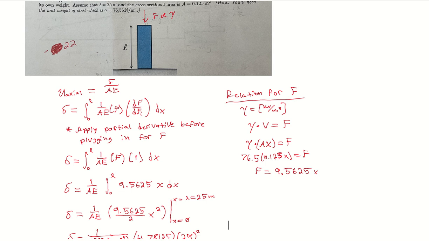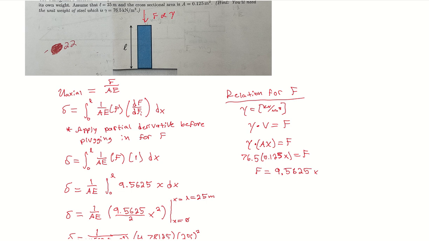Since we are not explicitly given a volume, but instead an area and a length, we can multiply that weight times the area times x. The reason why I'm leaving it as x is so that we can integrate and account for the increase in force as we go further down the beam. This will then increase the axial deflection. Plugging in, we have a force equal to 9.5625x.